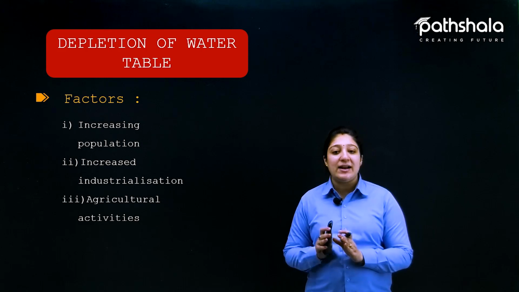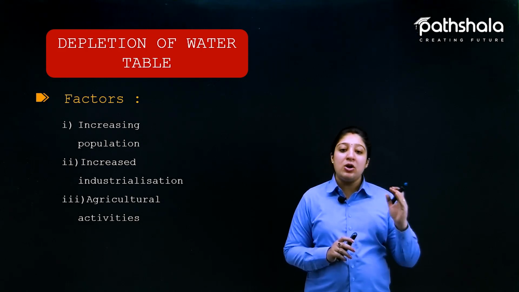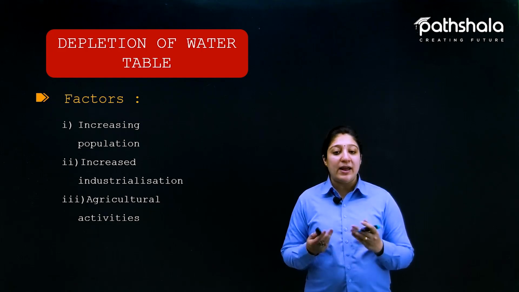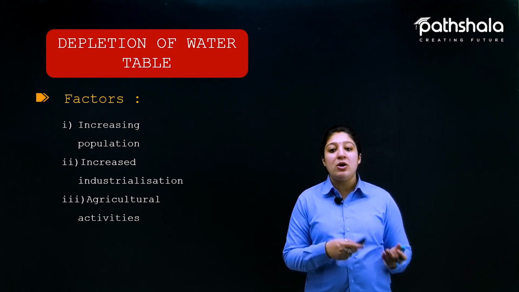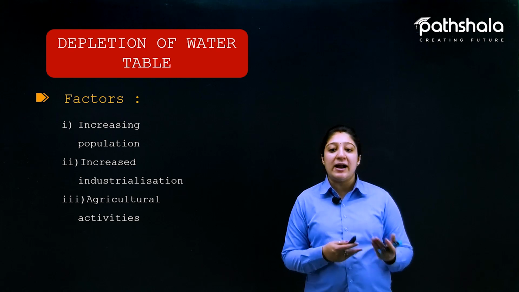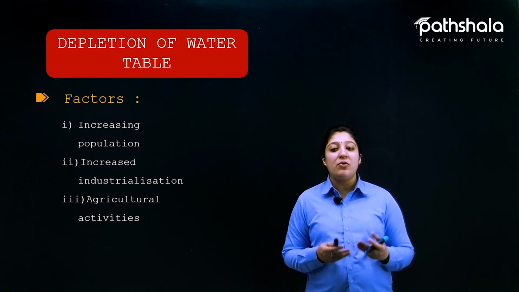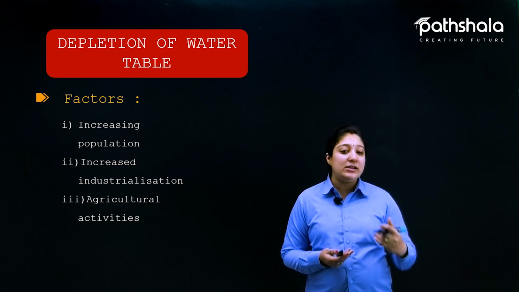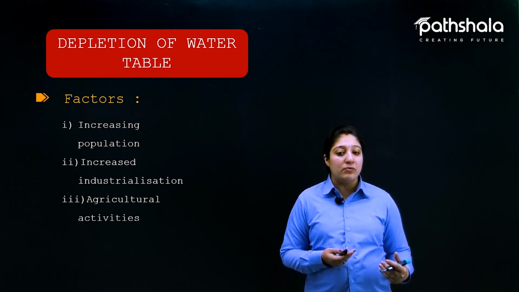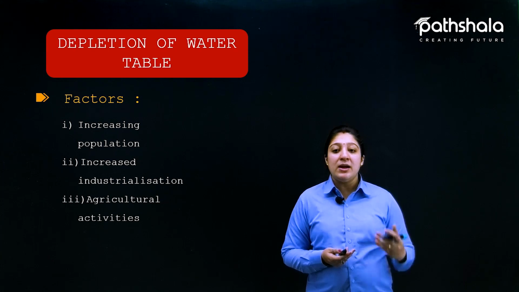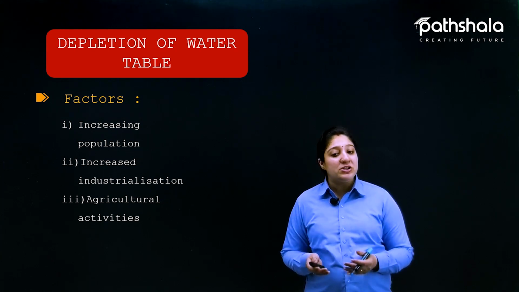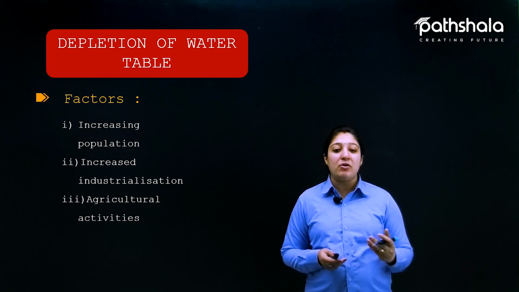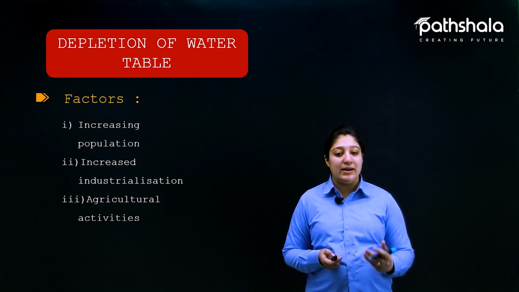These agriculture activities also depend on water. The farmers depend on wells, tube wells, and hand pumps for growing more and more crops. The water coming into these sources is also from the groundwater, that is, our water table. Once the water is used, again the water is depleting from the water table again and again.